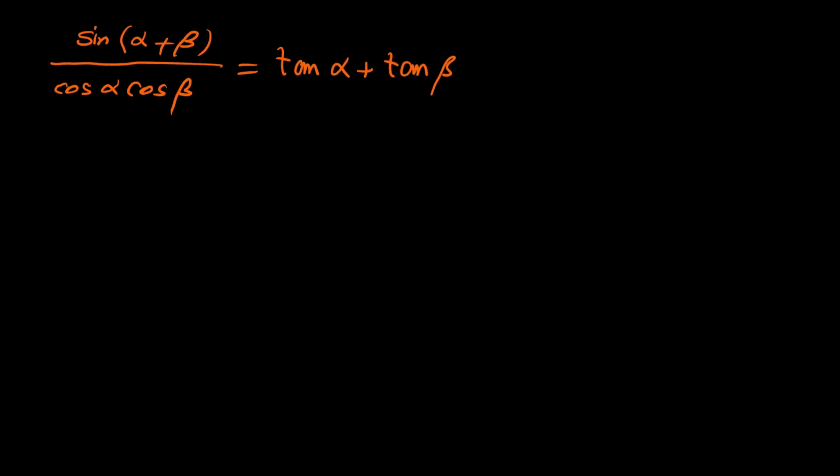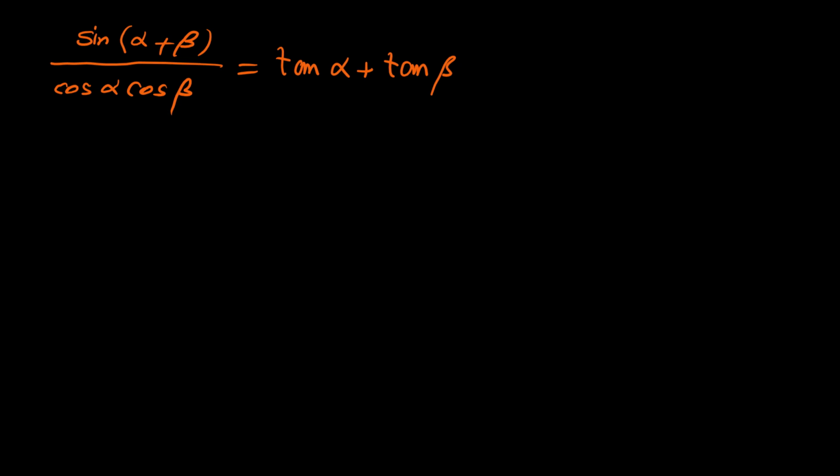Now look at this relation. Sine alpha plus beta over cosine alpha cosine beta is tangent alpha plus tangent beta. Here we have a trigonometric function sine with two different angles. So we think of using the identity that we know for sine of a plus b. So we expand the numerator.